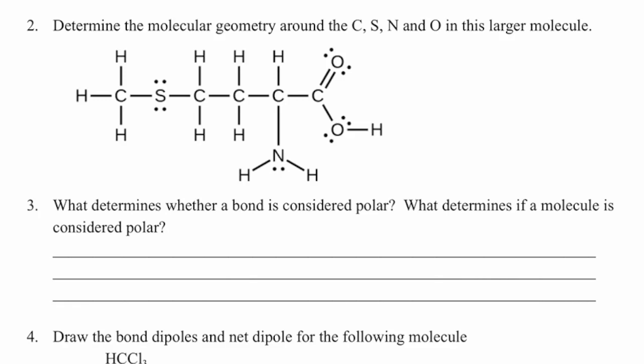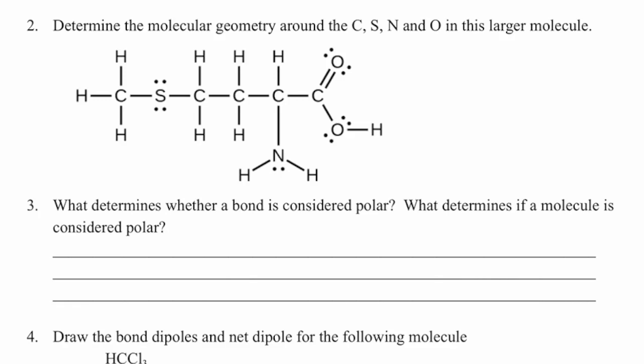So here we have a molecule that is probably familiar to some of you in the biological realm: it is an amino acid. It may not necessarily be one that you're familiar with yet, but as you move forward in your biochemical coursework, you will see this.